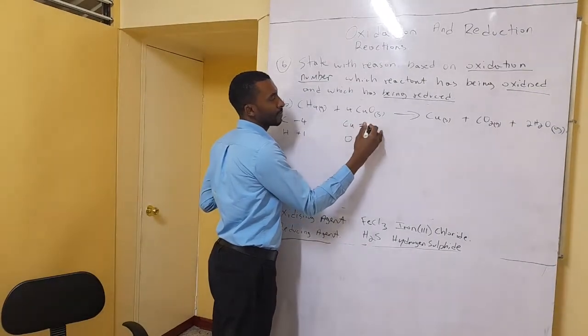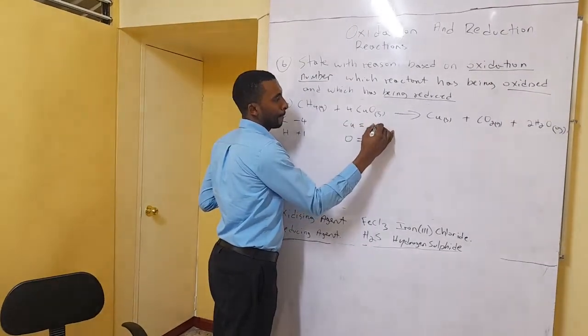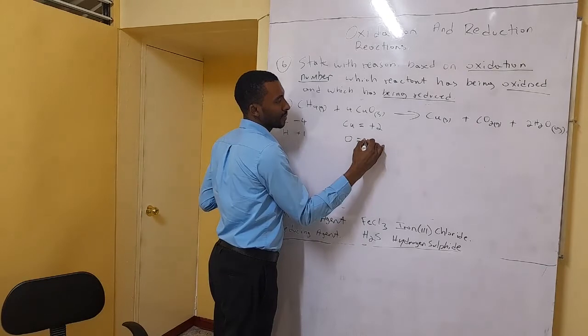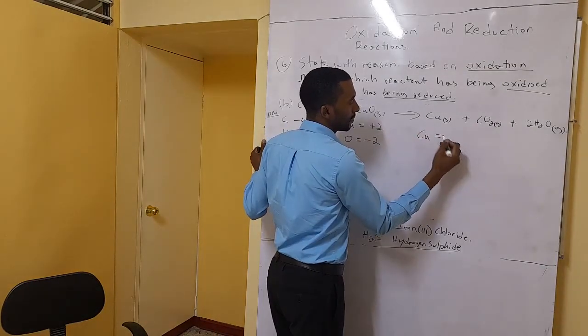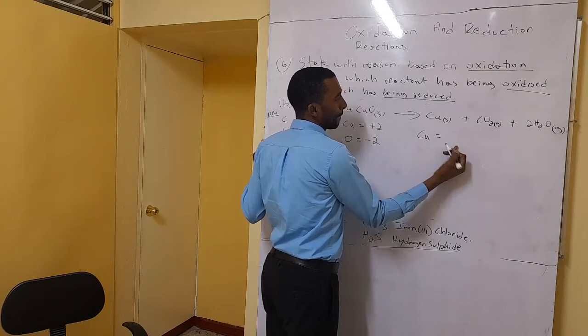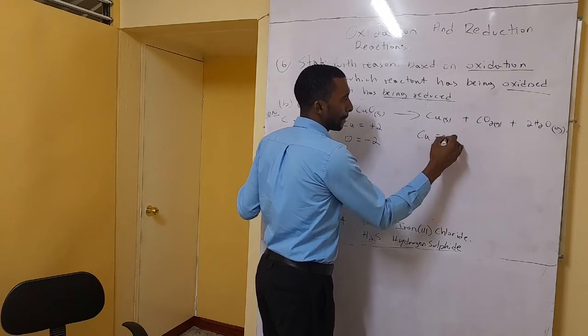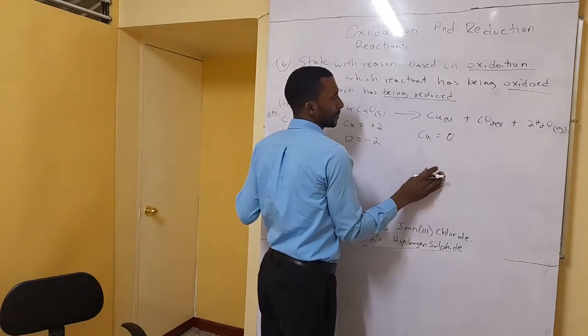Copper is +2. Oxygen is -2. Copper here is 0. Why? That's in its pure state.